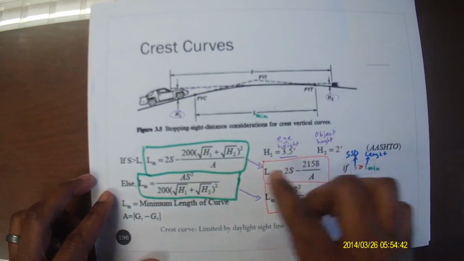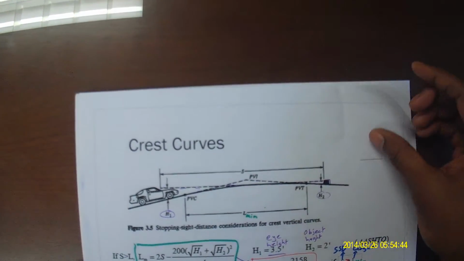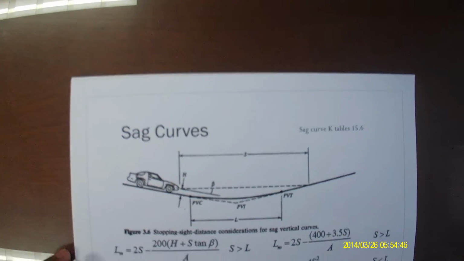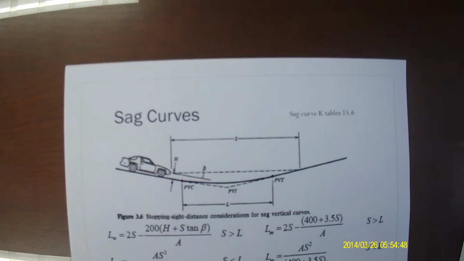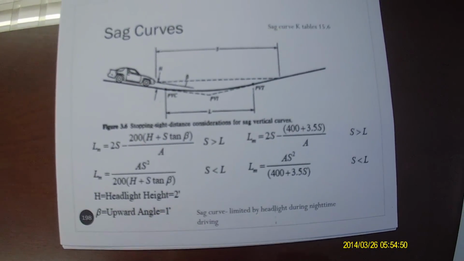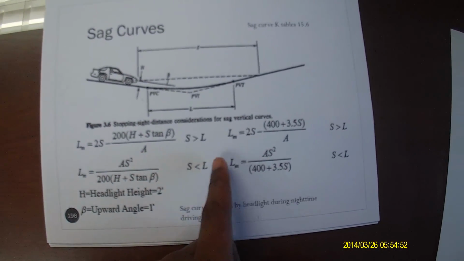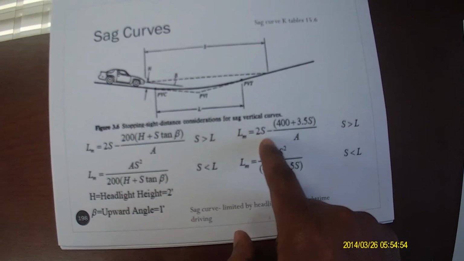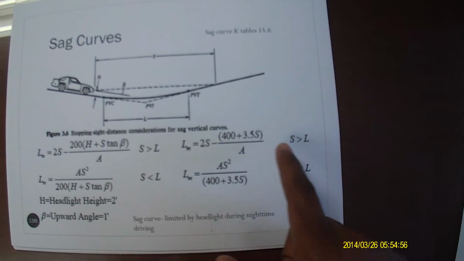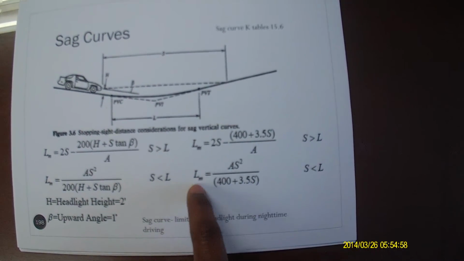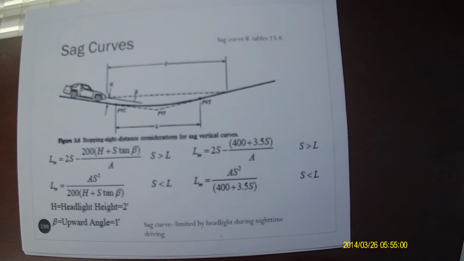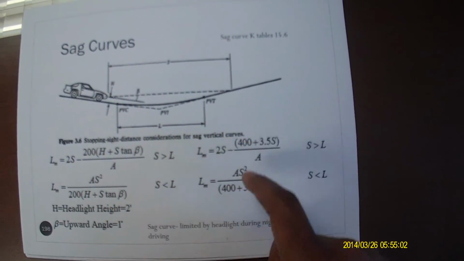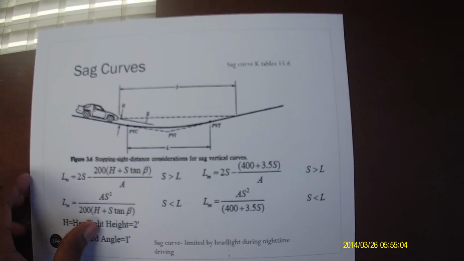So we've gone through everything for crest curve. Now I want to show you that the sag curves have a little bit of change in their equations. However, the same still applies. You use this equation if this is satisfied. You use this equation if that is satisfied. You have to calculate them both out to determine which one.